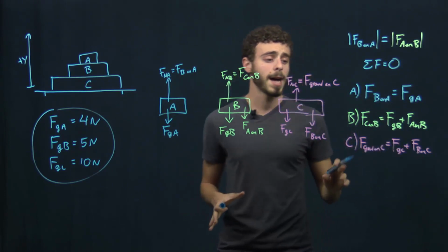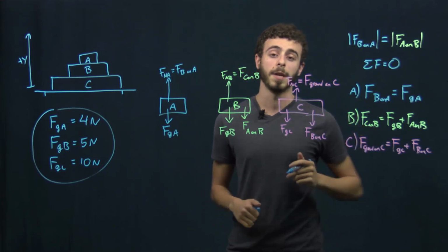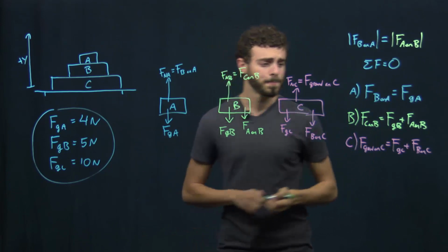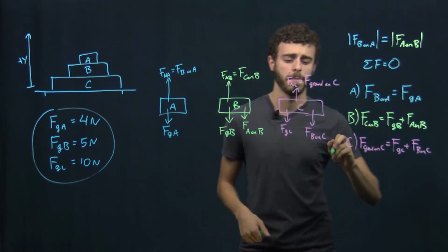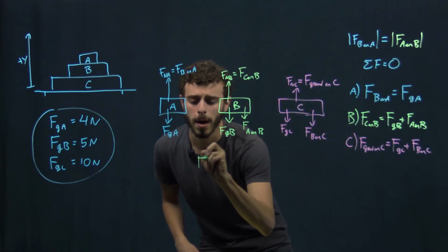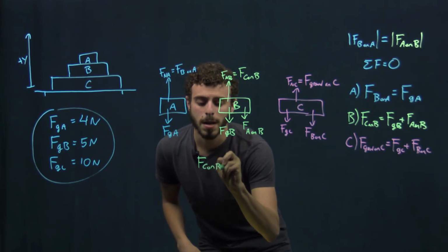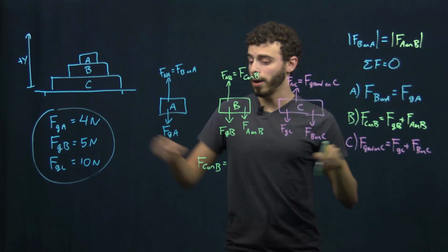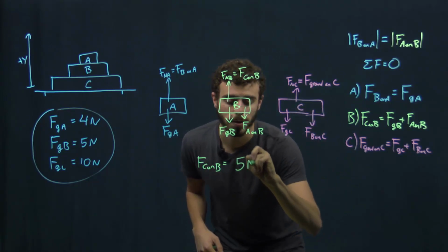In this problem, it asks us for the force of block C on block B particularly. So we're going to look at this middle equation. I'll use green for that. We want to solve for F of C on B. That's going to be equal to F of gravity on B, which we already have right here, is 5 newtons.